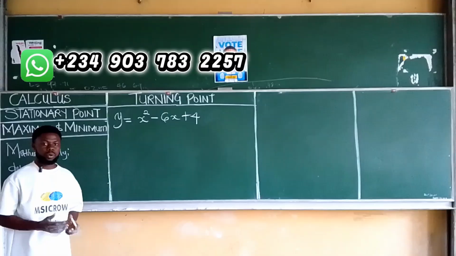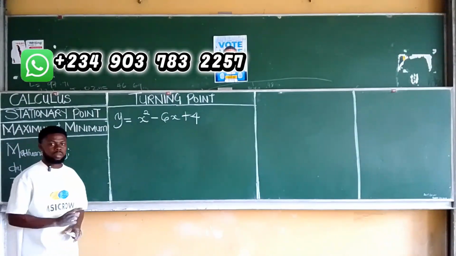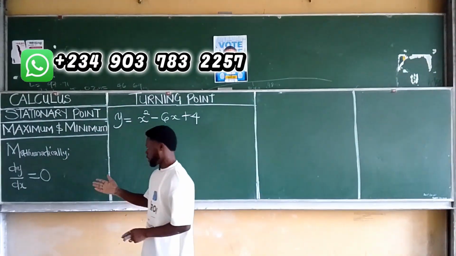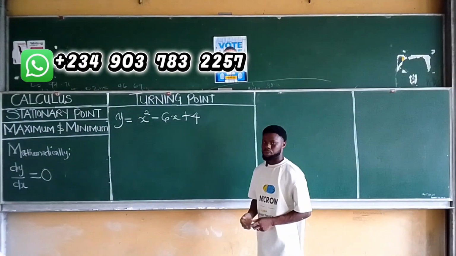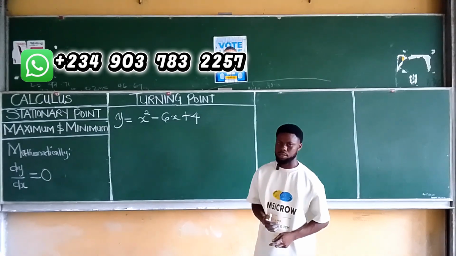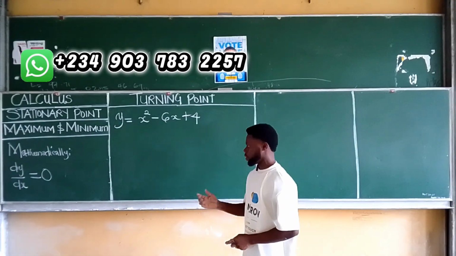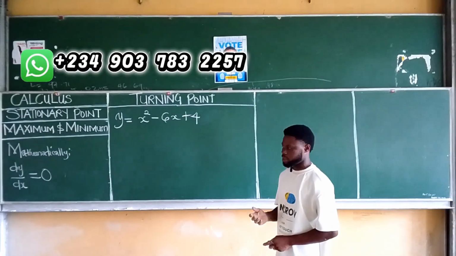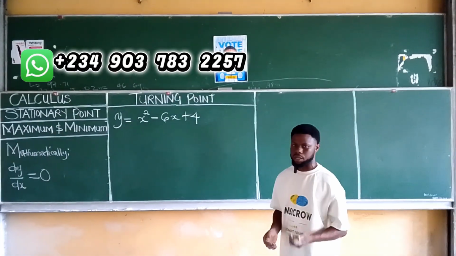What is the stationary point of this function? In this question, the idea is that at stationary point, dy over dx must be equal to 0. Because dy over dx is equal to 0 at stationary point, that means we have to differentiate or find dy over dx. That's the first thing we must obtain.